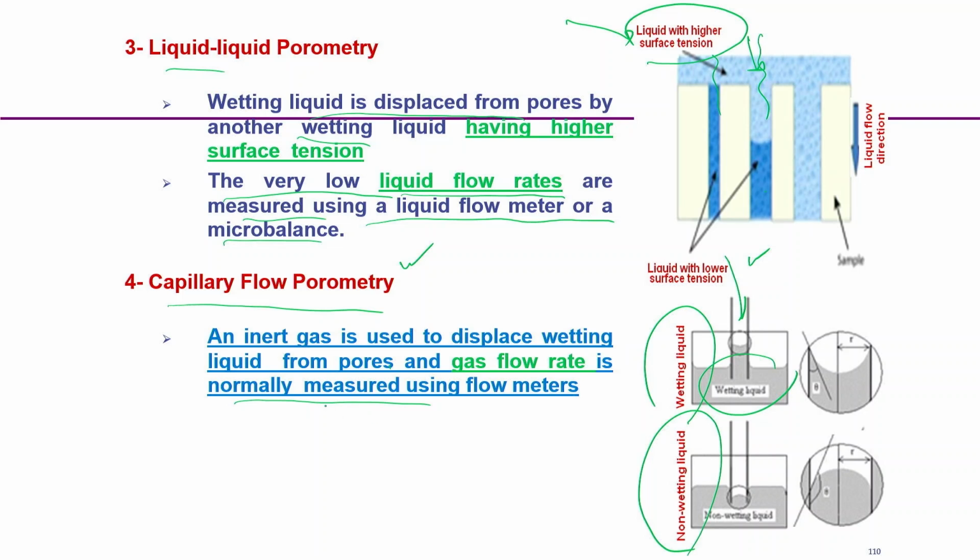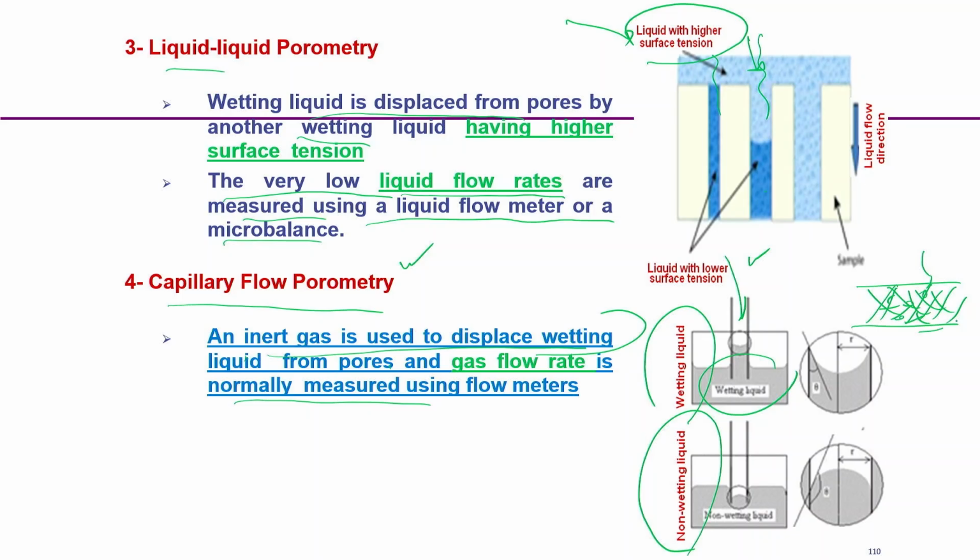What is the wetting liquid? When we drop the wetting liquid on any textile material, it will occupy the pores within the structure.